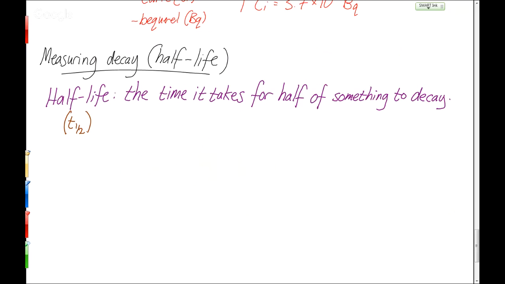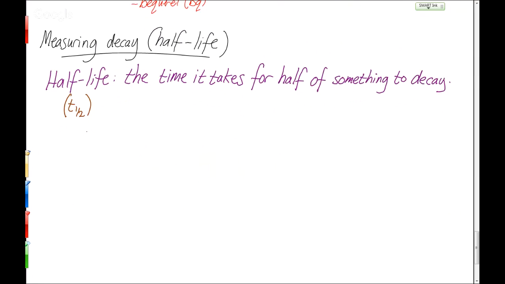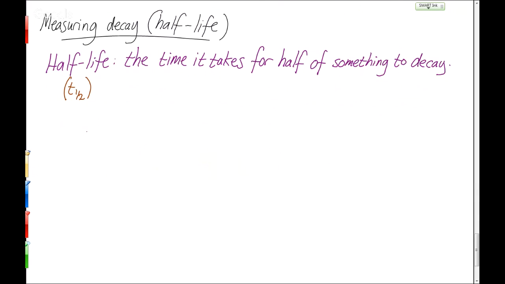So for nuclear isotopes, it works the same way. Either the isotope has decayed or it hasn't. There's no partial decay per each nucleus. So let's look at this through an example. Let's say we have 10 grams of iridium-192.